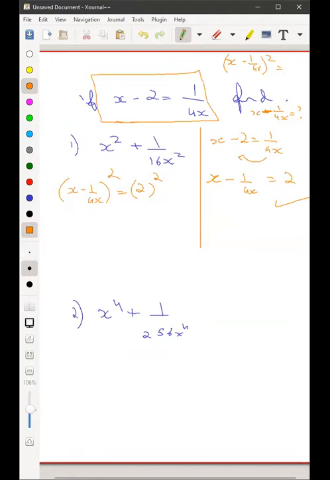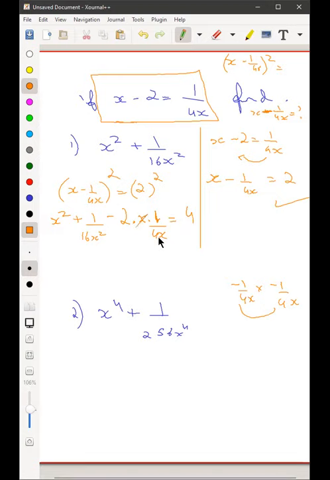X squared plus 1 upon 16x squared, minus 2 into x into 1 upon 4x, which is equal to 4. This is clear?